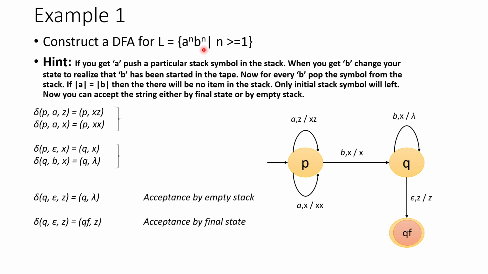Ultimately, when the reading of the characters of the string is completed, the answer is inherently present, whether the string will be accepted or not. That is why you cannot count the number of a's.